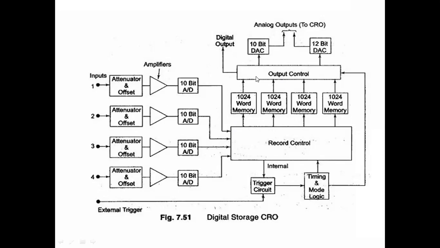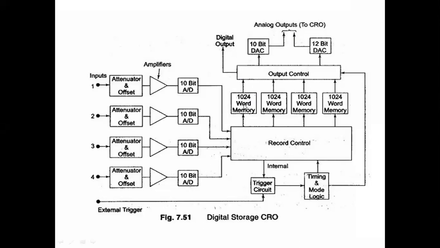The main benefit of this type of storage oscilloscope is that we can obtain the digital form of the output. The signal we are displaying on the CRT can be read out in digital form, and we can display it on a 7-segment display.